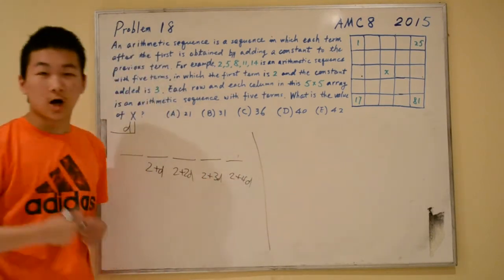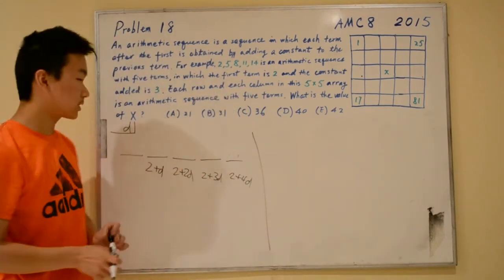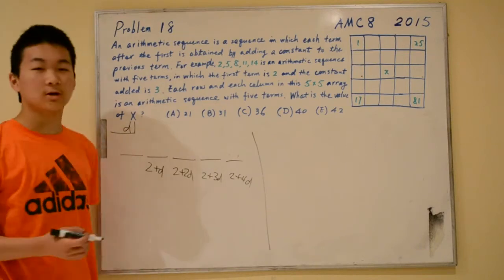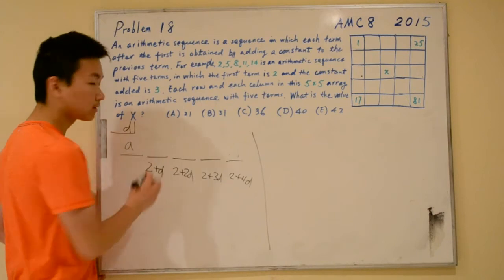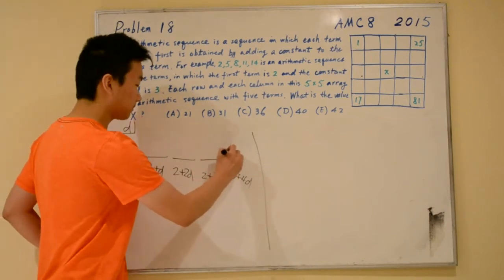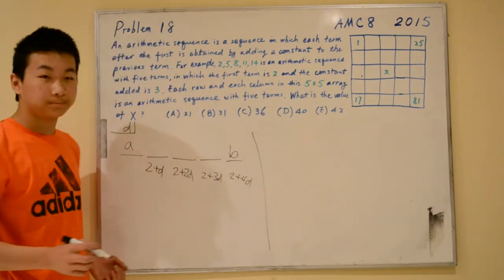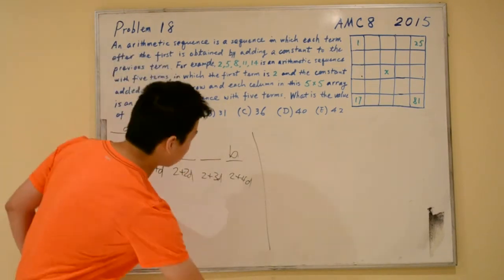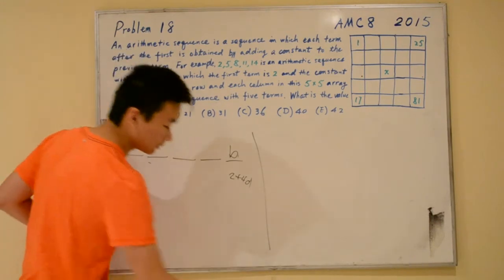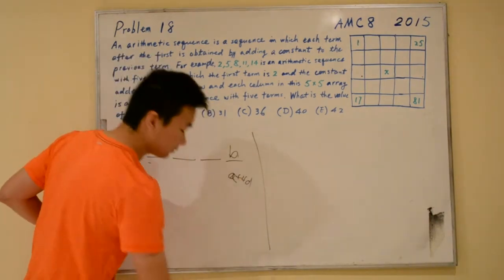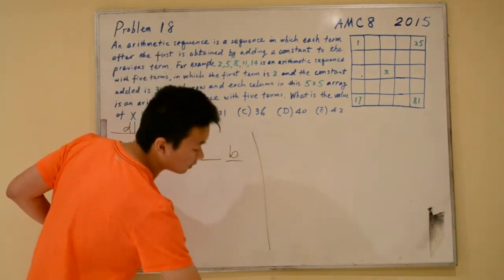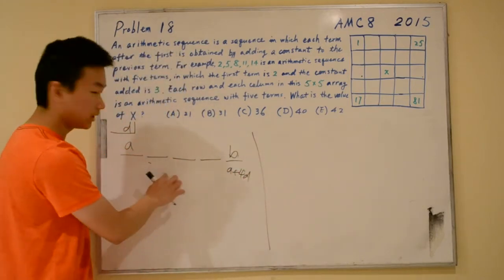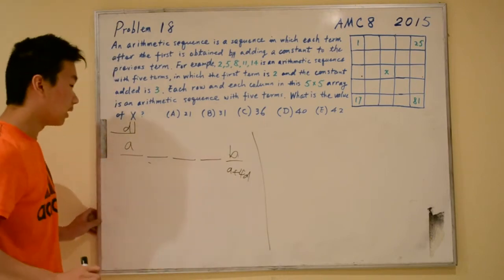The thing in common with all of these arithmetic sequences is that we're given the first and fifth terms. So let's call these terms A and B. B can also be written as A plus 4D, because 1D, 2D, 3D, 4D.